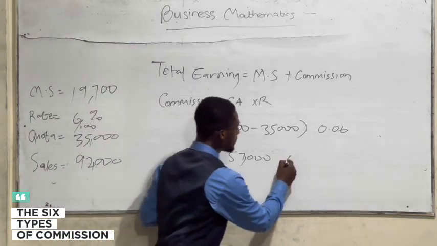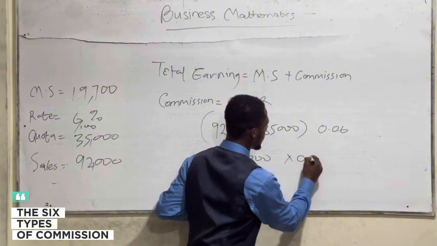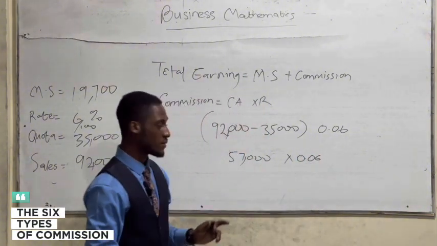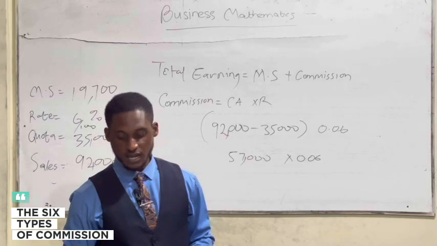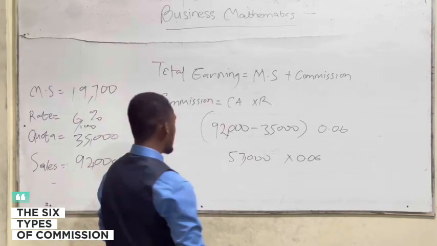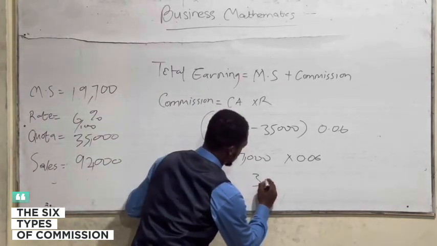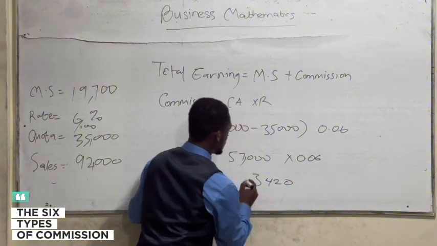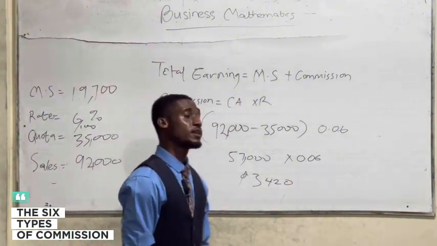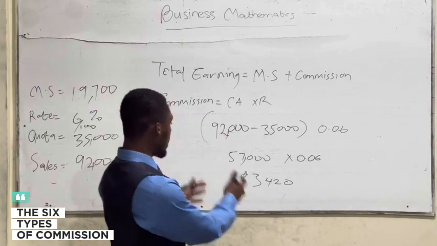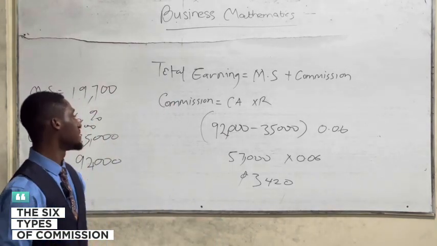So multiplying 57,000 by the rate of 0.06, you end up getting 3,420 cedis. Now we have our 3,420 cedis here.